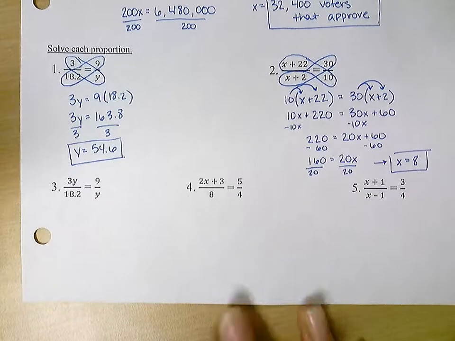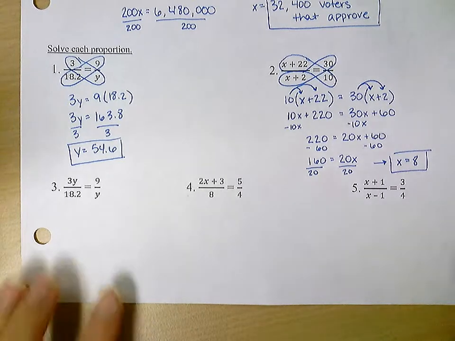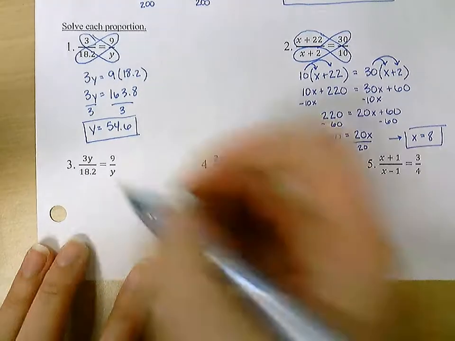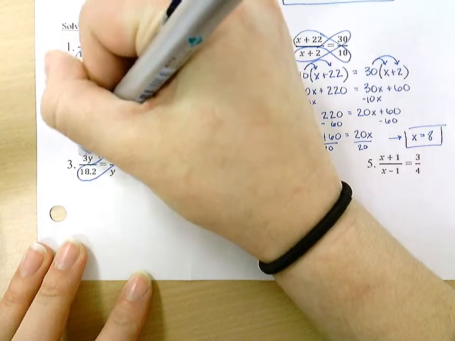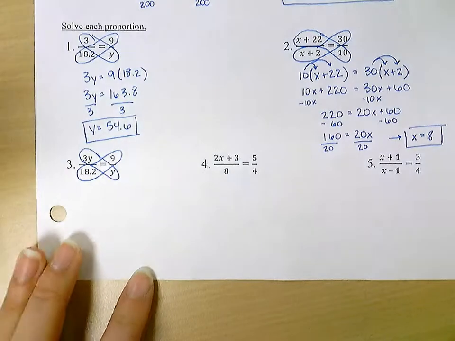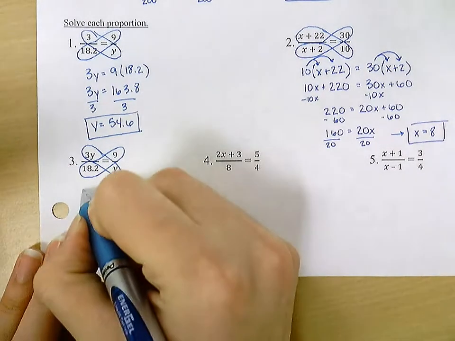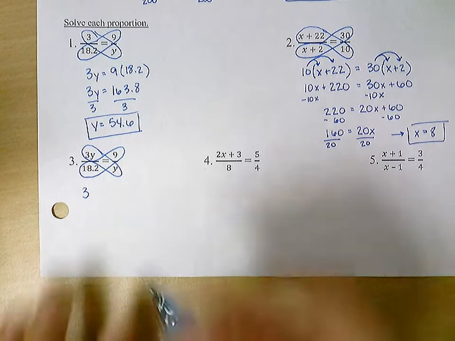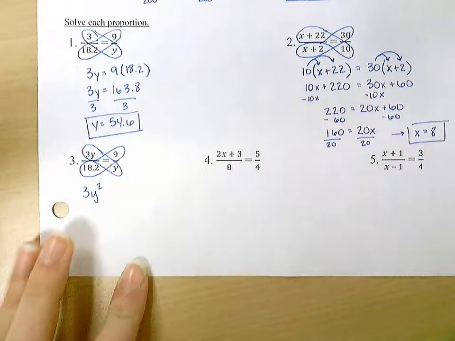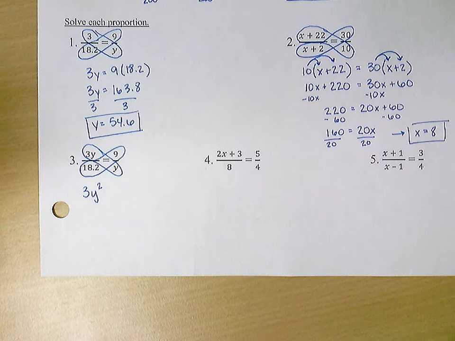Okay, number 3 again is just slightly different, but we'll still do the same process. So we cross multiply. So if I have 3y times y, what is that? If I say y times y, it's 3y squared.